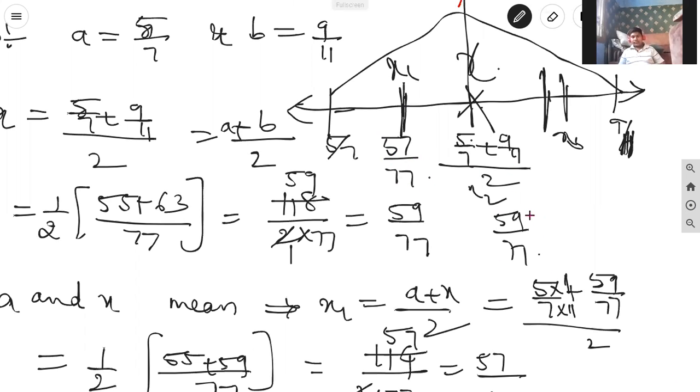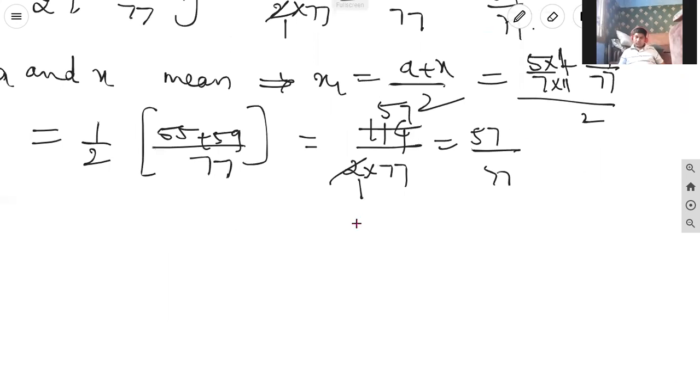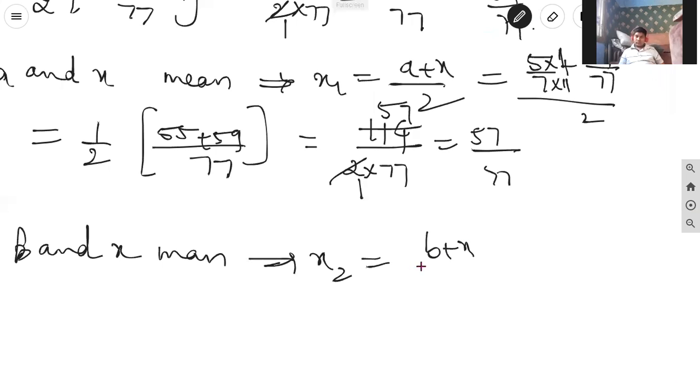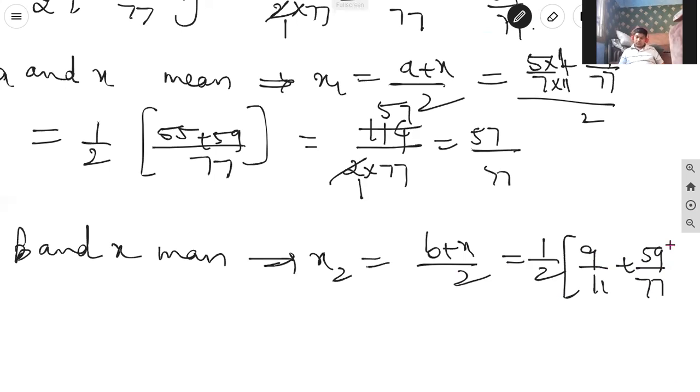This is the 59 by 77. You take something 63 by 77, or you take another one, B and x mean. Let it be x2. x2 equal to (B plus x) by 2, 1 by 2 into what is the B value? 9 by 11. The x value is 59 by 77.